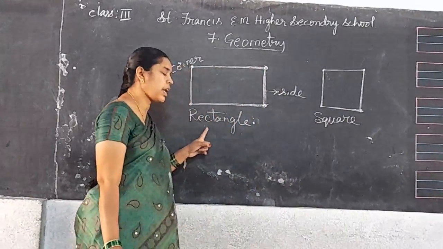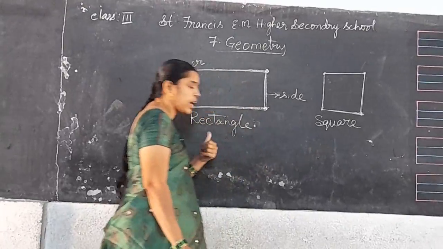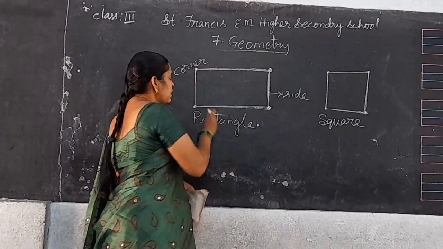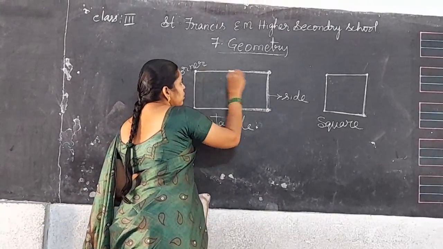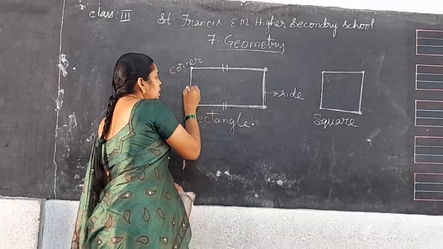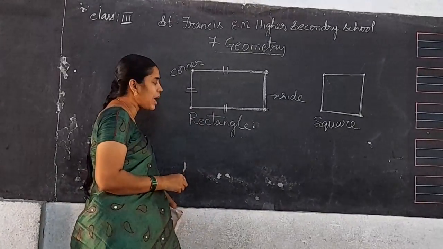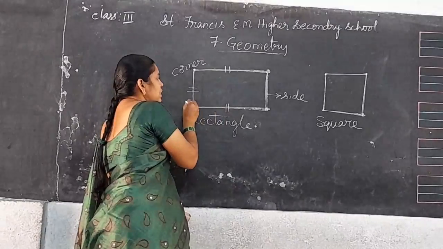Same as the rectangle. Then what is the difference between a square and a rectangle? Here, this is called length. These two are the same length, and this is somewhat less than this length. This is called breadth.